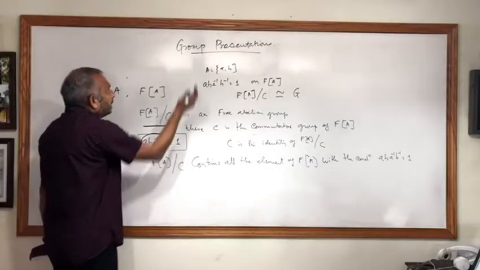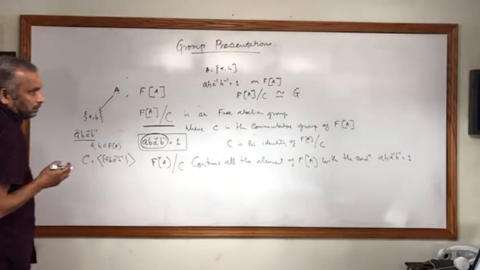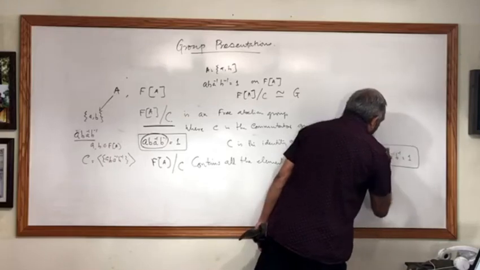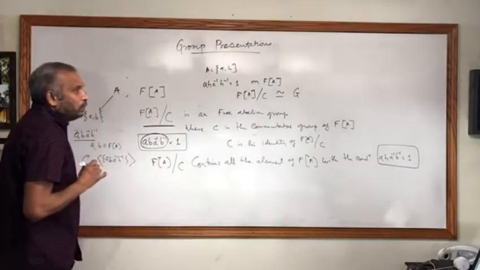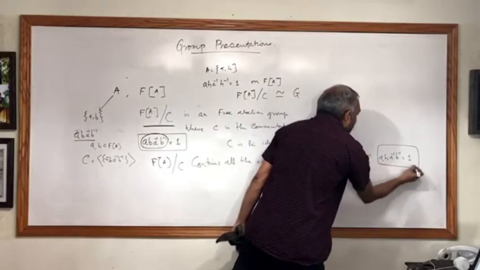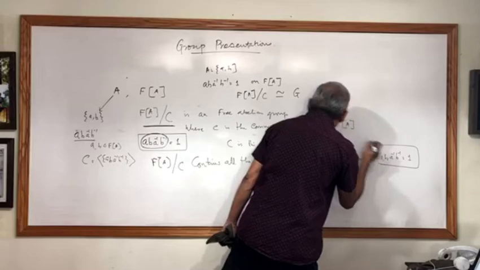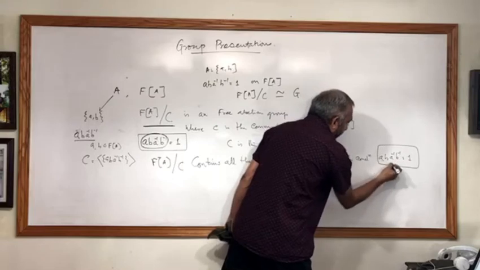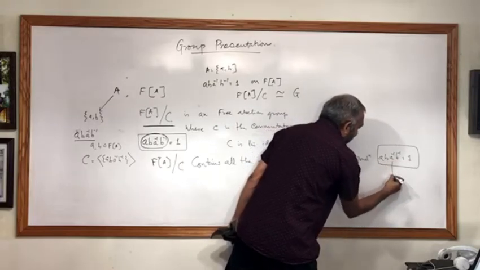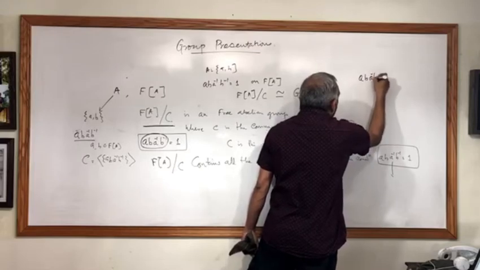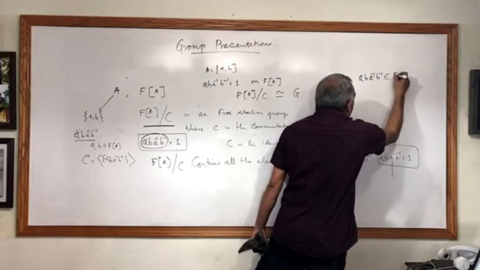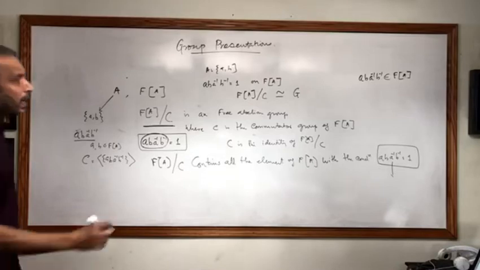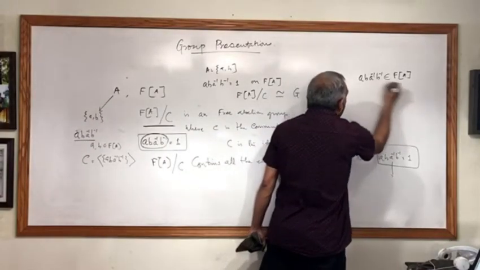This is the idea behind the group presentation. Instead of a specific condition like this, we are going to take any condition on F of A. See, in this condition, A B A inverse B inverse is a member of F of A. So the condition always would look like an element from here equal to 1.